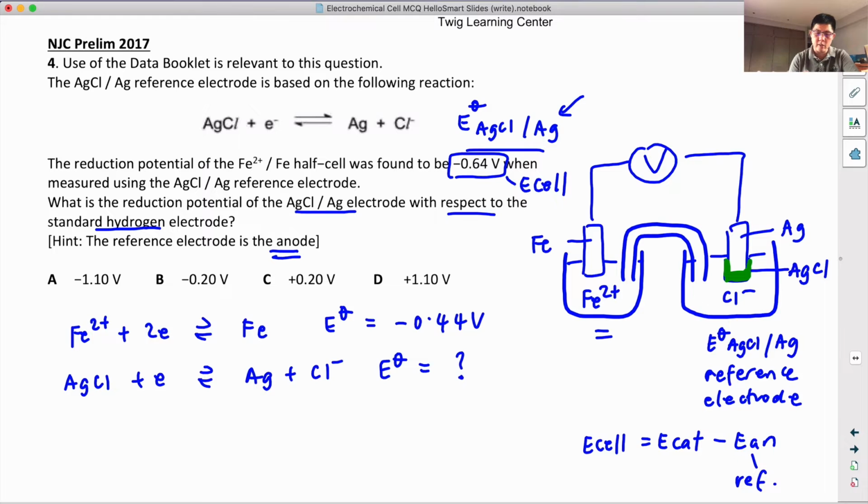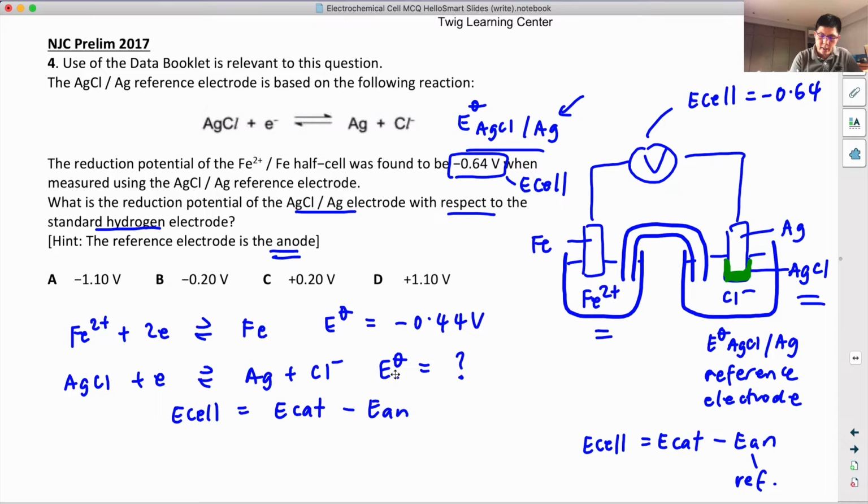It means the voltmeter will read a value, so the E cell here will be minus 0.64 when you measure it against the silver chloride silver electrode. So we can apply the formula: E cell equals E cathode minus E anode. Maybe I'll just write it one more time over here.